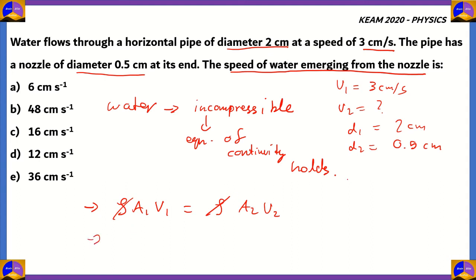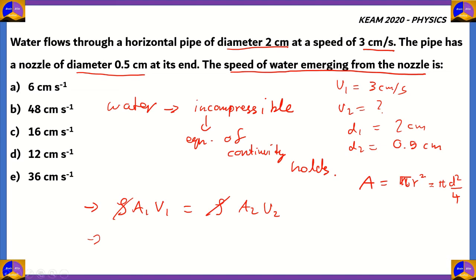Now, the area of cross-section of the pipe is the area of a circle, pi r squared. Since r is d by 2, we can write pi times d squared divided by 4 as the area of cross-section.